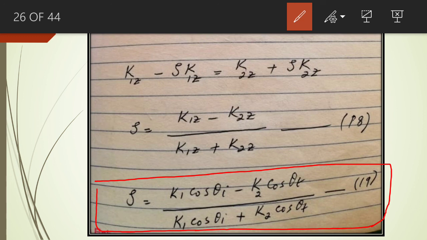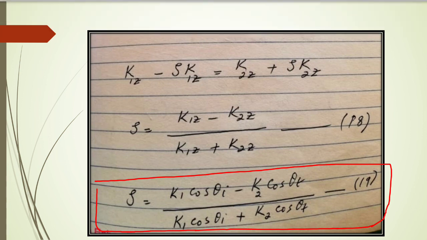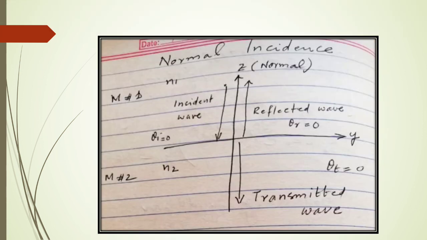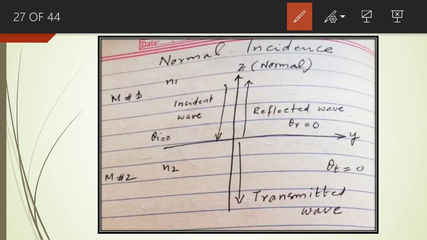So let us consider equation number 19. This is the equation for the reflection coefficient. Reflection coefficient is a very important quantity. I will talk about the importance of this reflection coefficient in a while. So what we do now, we consider the normal incidence.